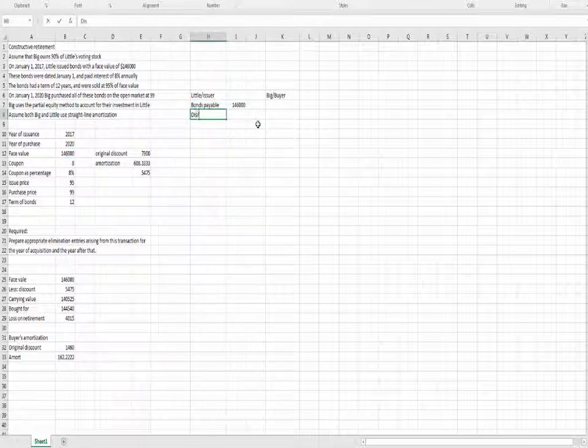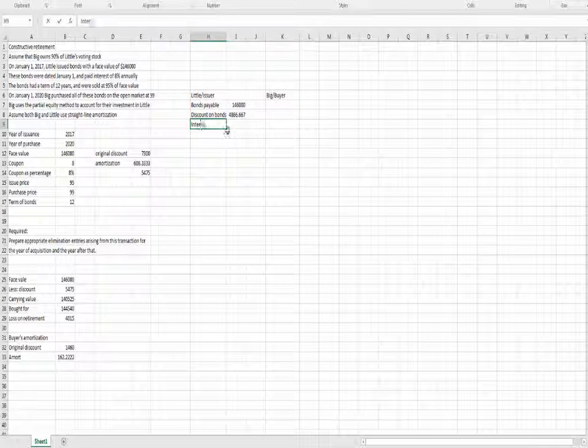They've got a remaining discount on bonds. Now again, on January 1st, when these things were acquired, the remaining discount was $54.75. By the end of the year, another $608.33 has been amortized, so the remaining discount is down to $48.66.67.